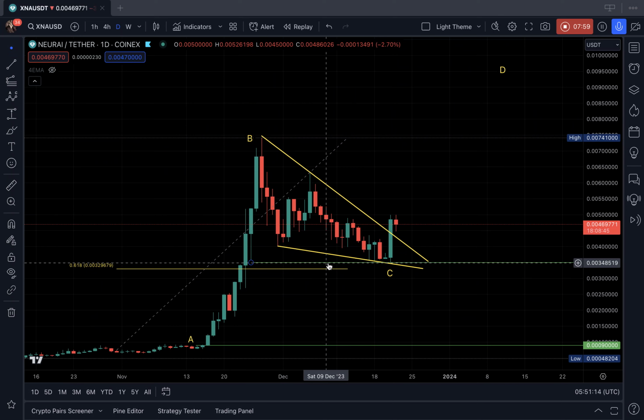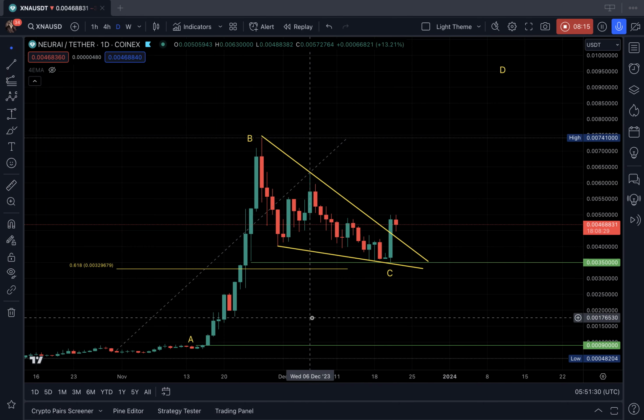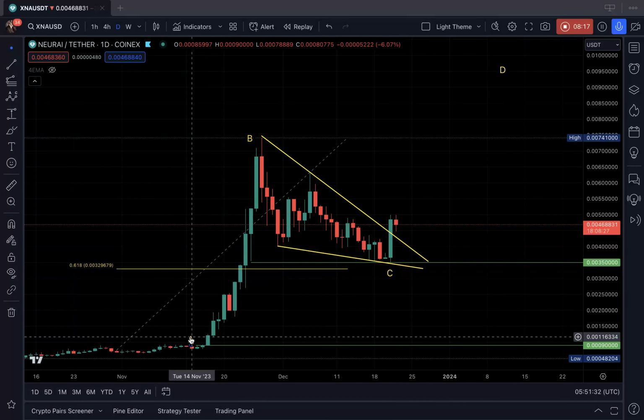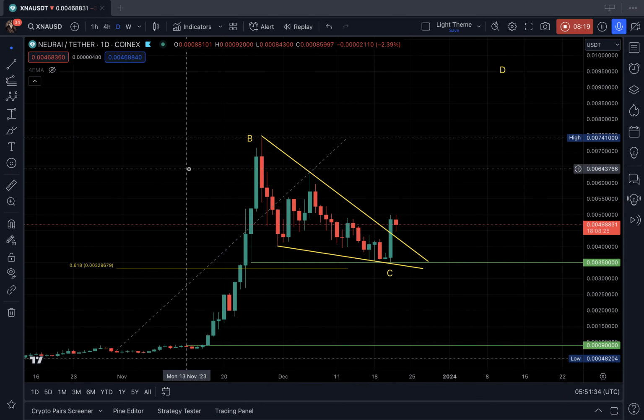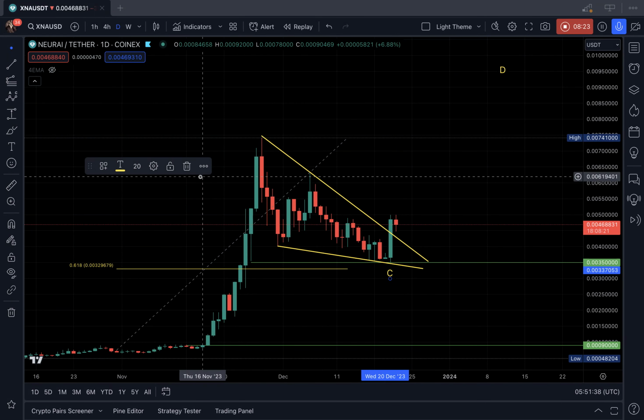First of all, the time for a leveraged position was when XNA was at support, between 0.0035 and 0.004. I already made a video about reversals, and I made a video that XNA completed or gave us reversal targets.